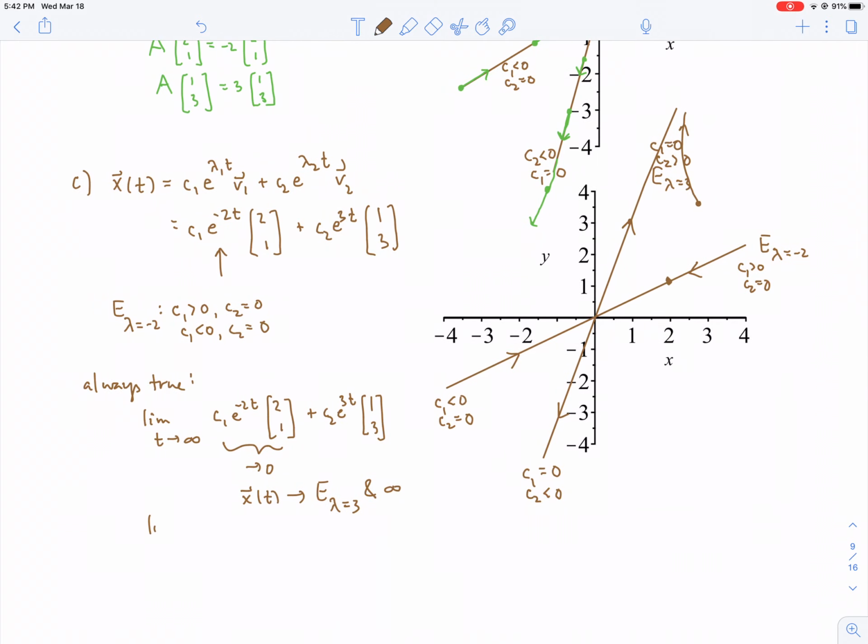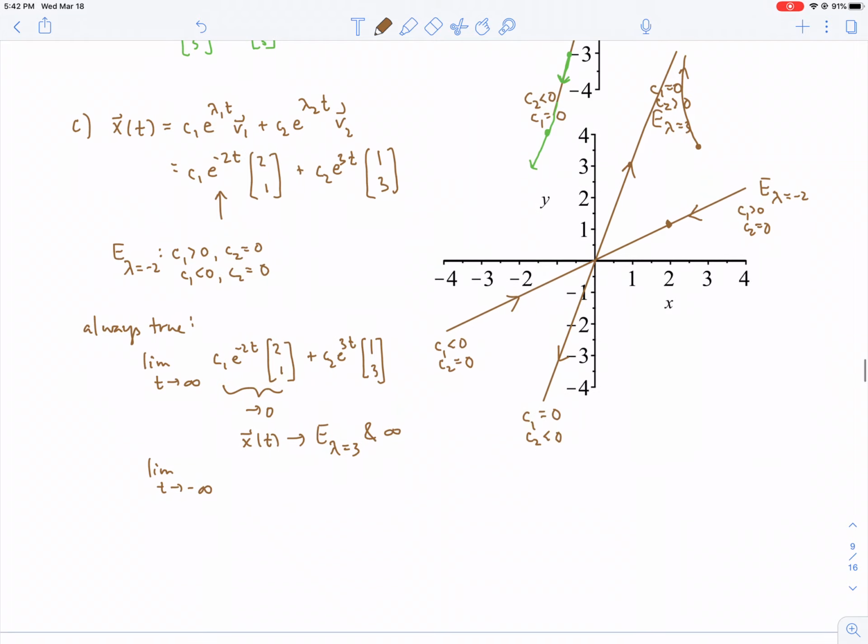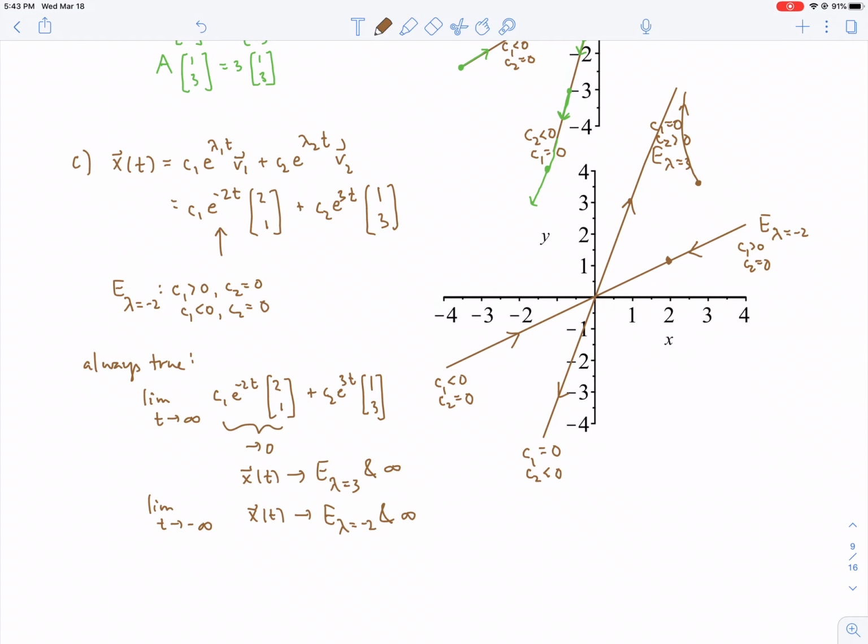And as t goes to minus infinity, x of t is converging to the lambda equals minus 2 eigenspace and to infinity, because in that case, the e to the minus 3t term is going to 0. So if I take that same trajectory that I was drawing before and go backwards in time, the curve came from the minus 2 eigenspace and infinity.